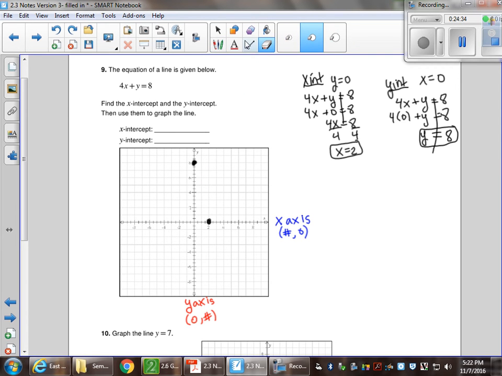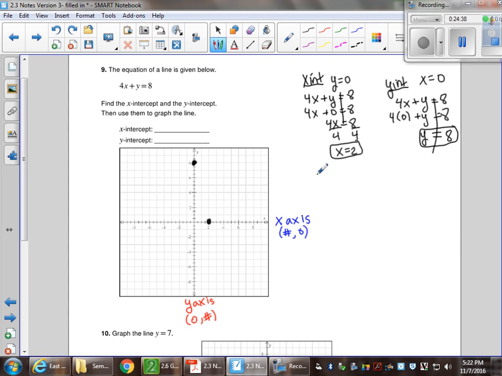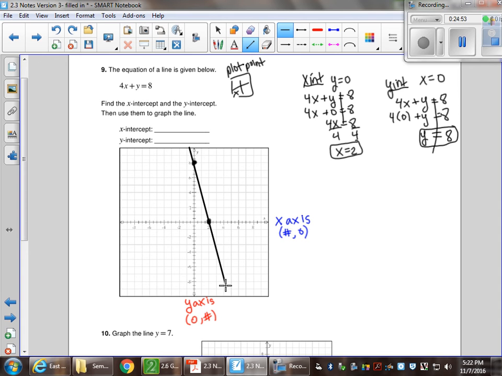So please be careful. Remember, when in doubt, you can always click on this little button right here and it will plot the point for you. Plot point. Okay, I have my 2 points. Connect.